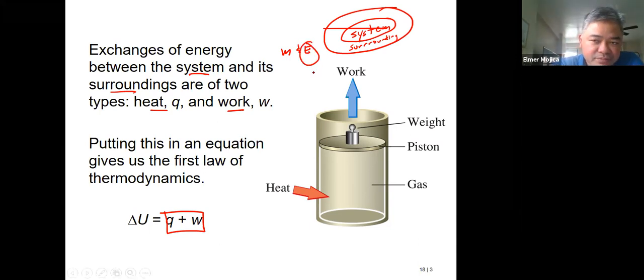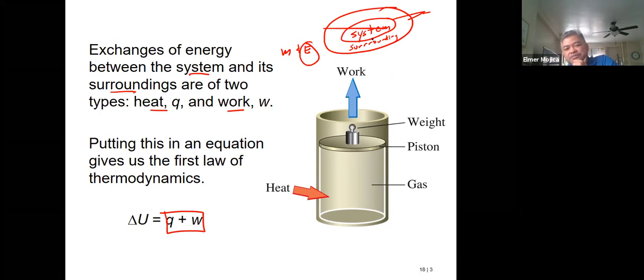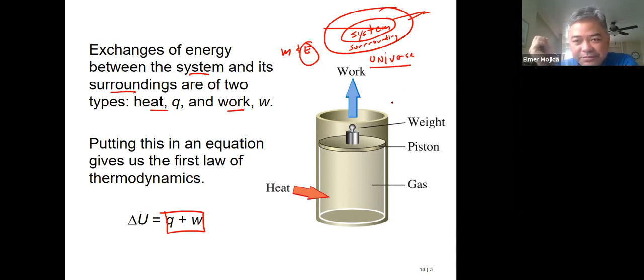So what do we call the system and the surrounding all together? You recall the term that describes both? It's just like you and I make what? The universe. So the system together with the surrounding is known as the universe.